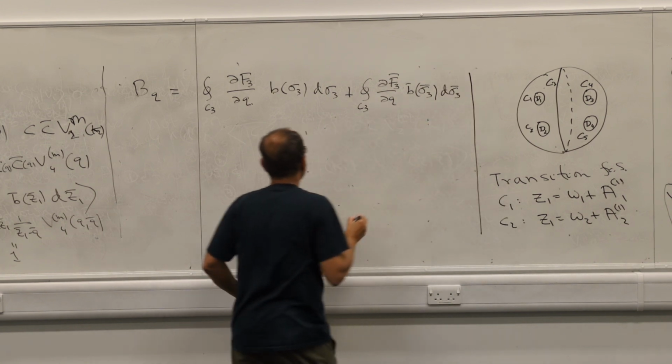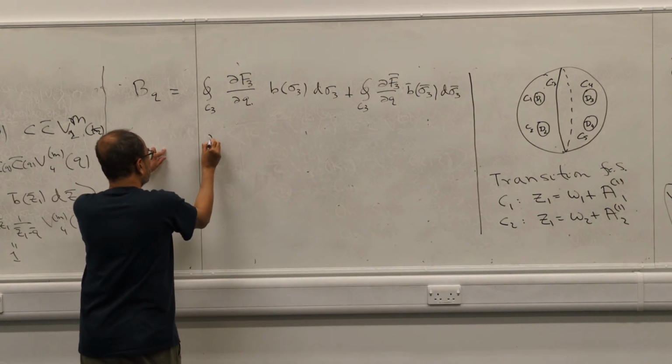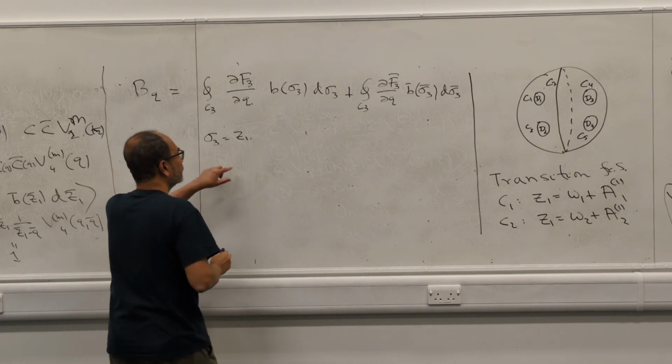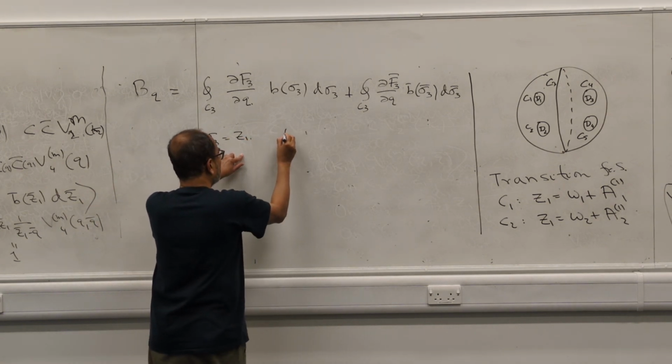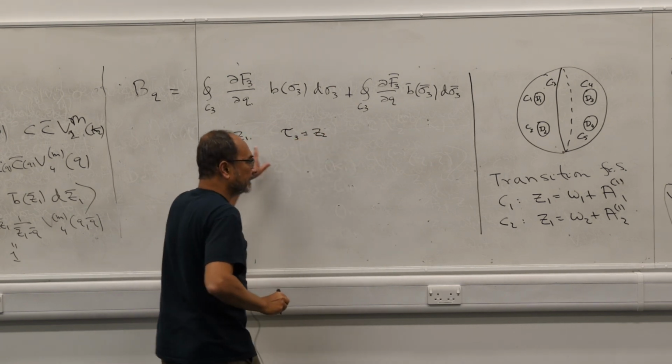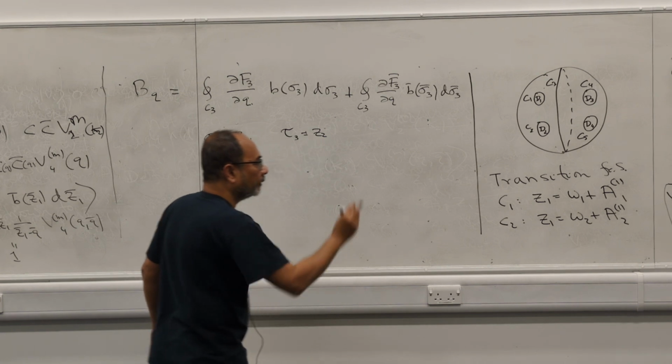Okay, so I take sigma 3 as Z1 and tau 3 as Z2. So the relationship between Z1 and Z2 you can see from there.